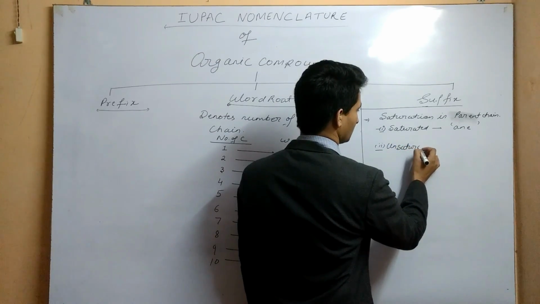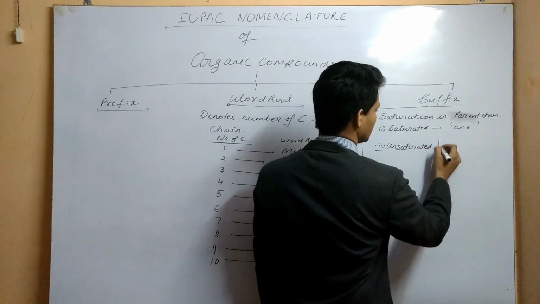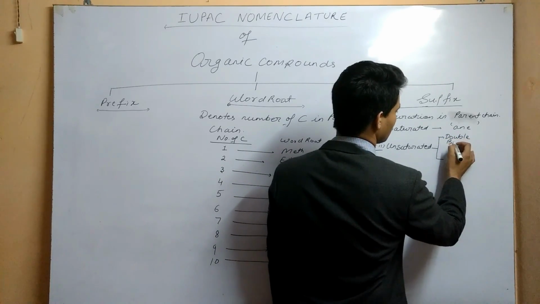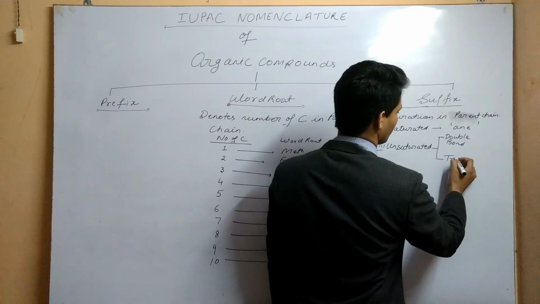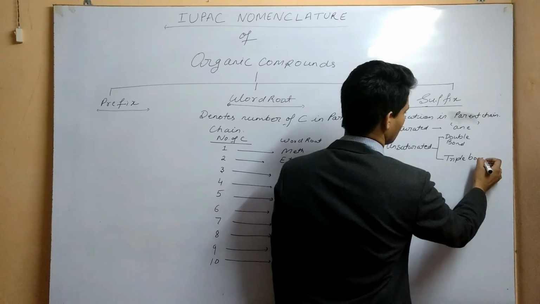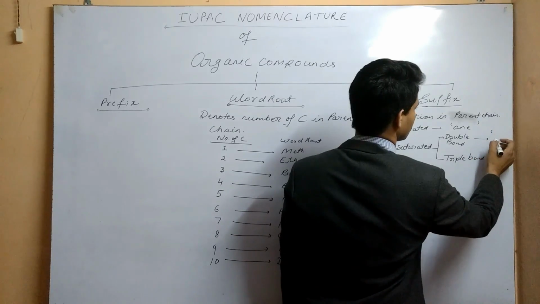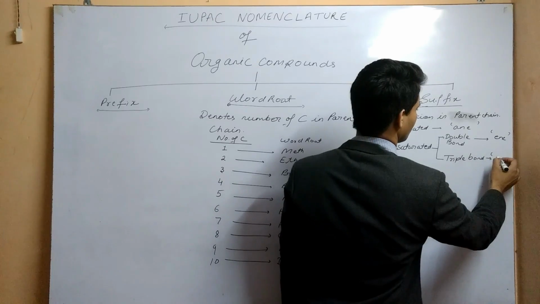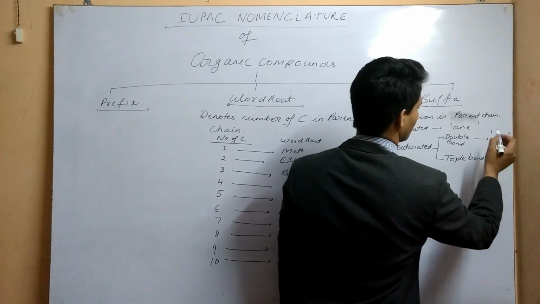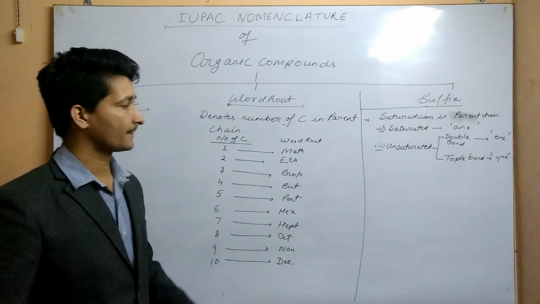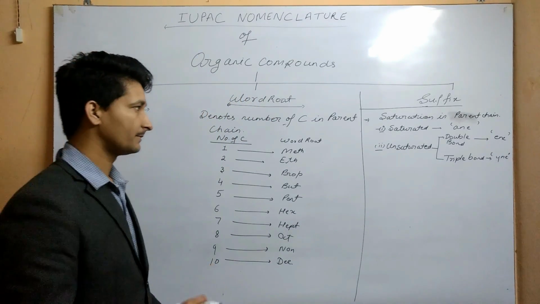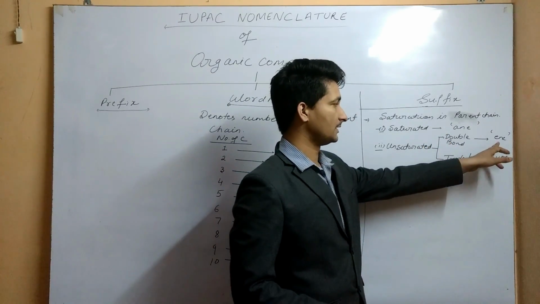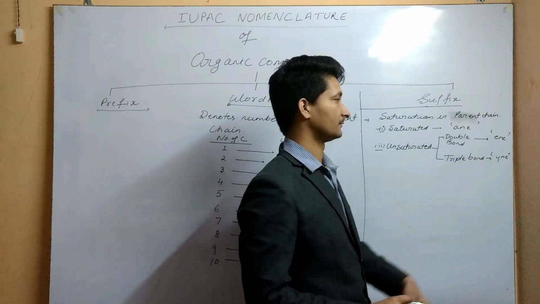If the parent chain is unsaturated, for a double bond we add the suffix "ene", and for a triple bond we add the suffix "yne". Fine. So now you can see that if the parent chain is saturated, it has suffix "ane". If it has a double bond, it has "ene". If it has a triple bond, it's "yne".